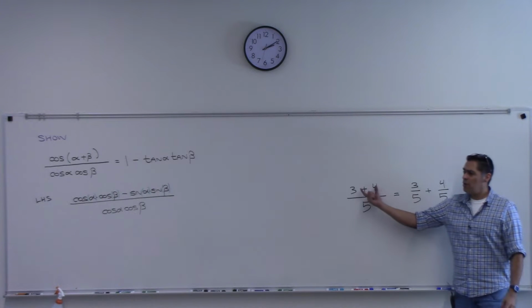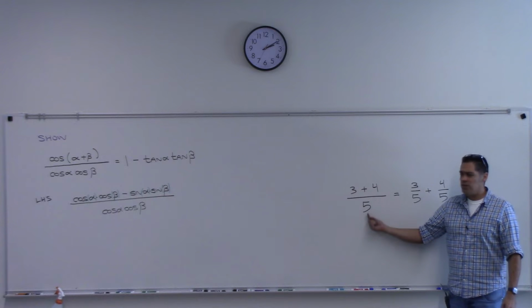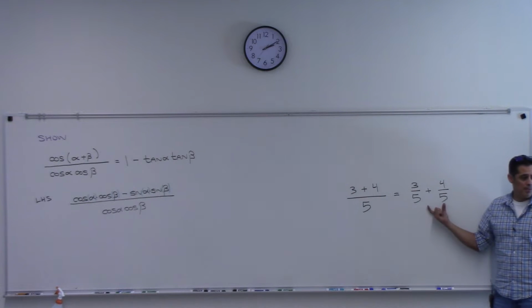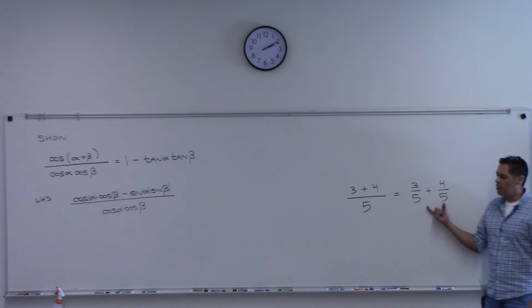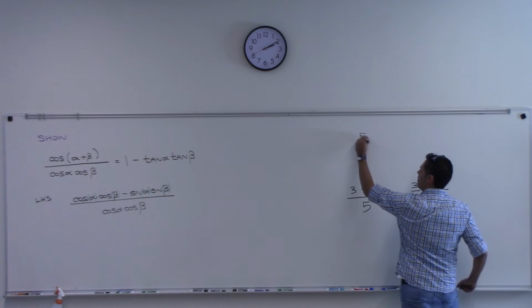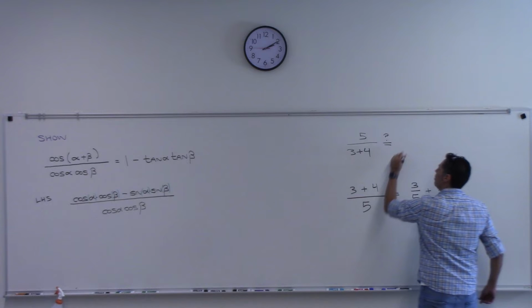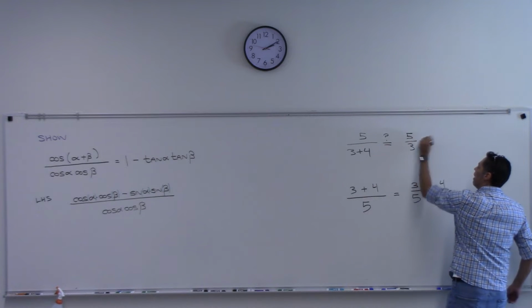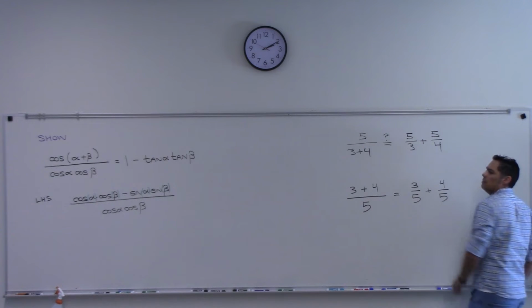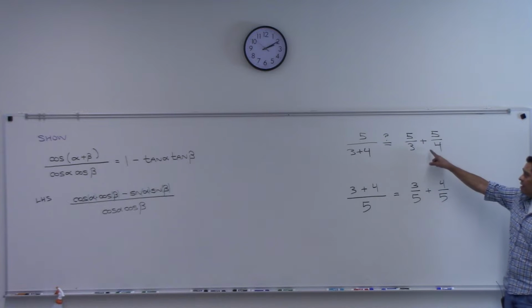If you have two terms in the numerator and one term in the denominator, you're allowed to split it up. Does it work the other way around? If you have 5 over 3 plus 4, can you split that into 5 over 3 plus 5 over 4? No. That's not okay.